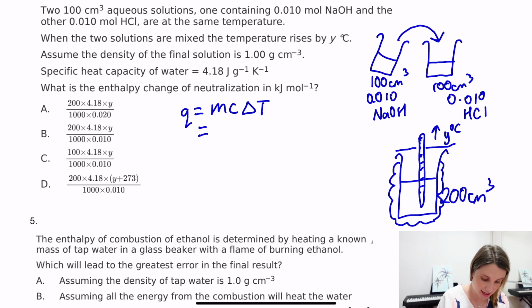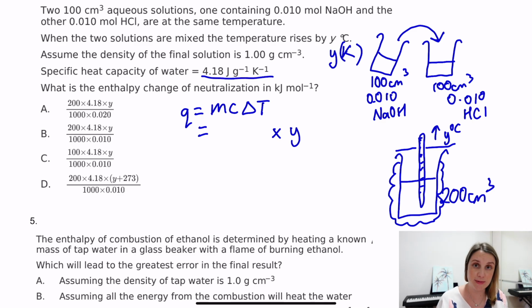So the delta T is definitely Y, because remember, Y in degrees C is the same as Y in Kelvin. The specific heat capacity is saying we use the specific heat capacity of water, so that's 4.18. And the mass is going to be the mass of the thing we're measuring the temperature of.